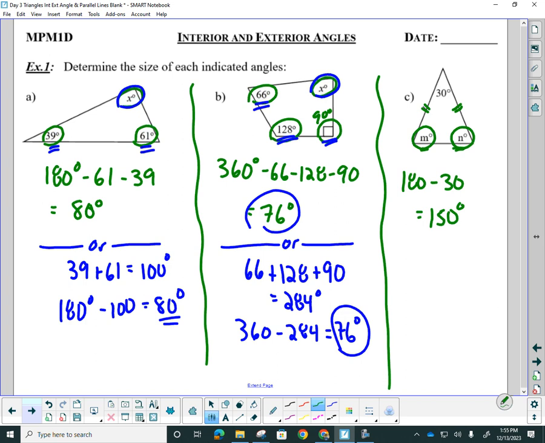So I'm going to say 150 divided by 2 means that each angle must be 75 degrees. And you can check that, do 75 plus 75 plus 30, and it should add up to 180. And so that's a common one that we like to do with isosceles triangles, to take advantage of that information we know about isosceles triangles.